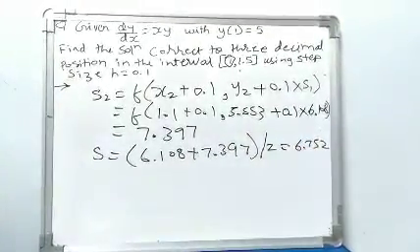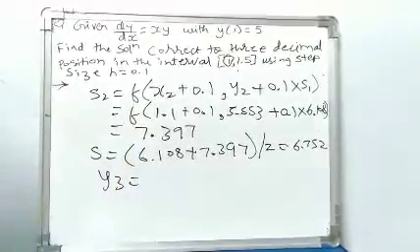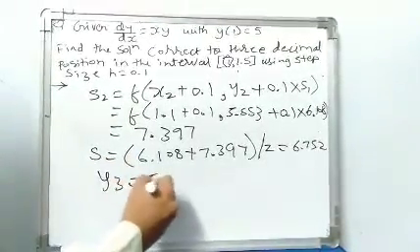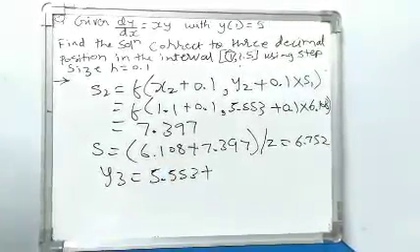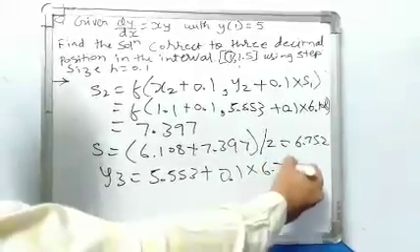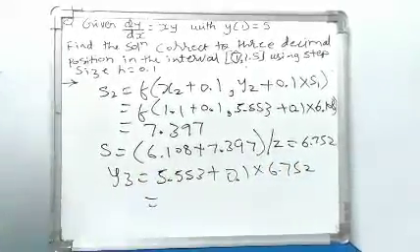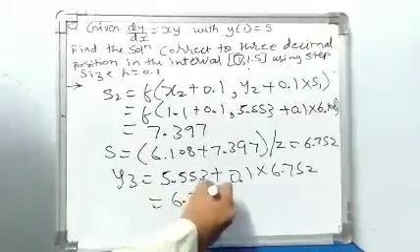So now we get y3 is equal to 5.553 plus 0.1 into 6.752, that is equal to 6.228.